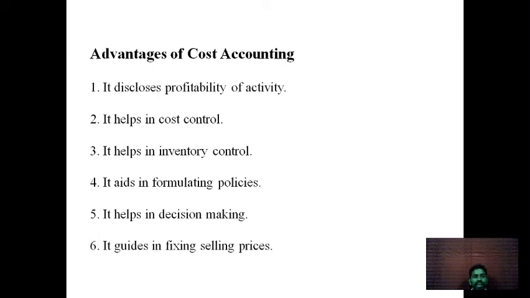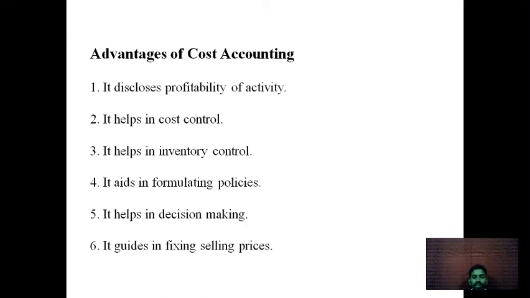Next one is it helps in cost control. It is also an advantage because they try to reduce the cost of production and increase profitability, or maximize profit. It helps in inventory control. Cost accounting helps with inventory control.